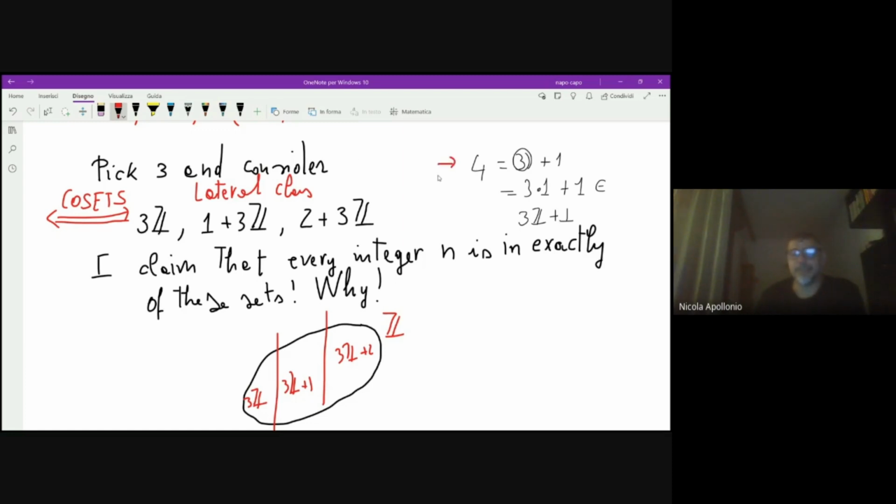So let us return to 4. 4 is in the coset 3Z plus 1. Good. And 5? 5 is in the coset 3Z plus 2. And 6? Oh, 6 is easy. It is in 3Z.